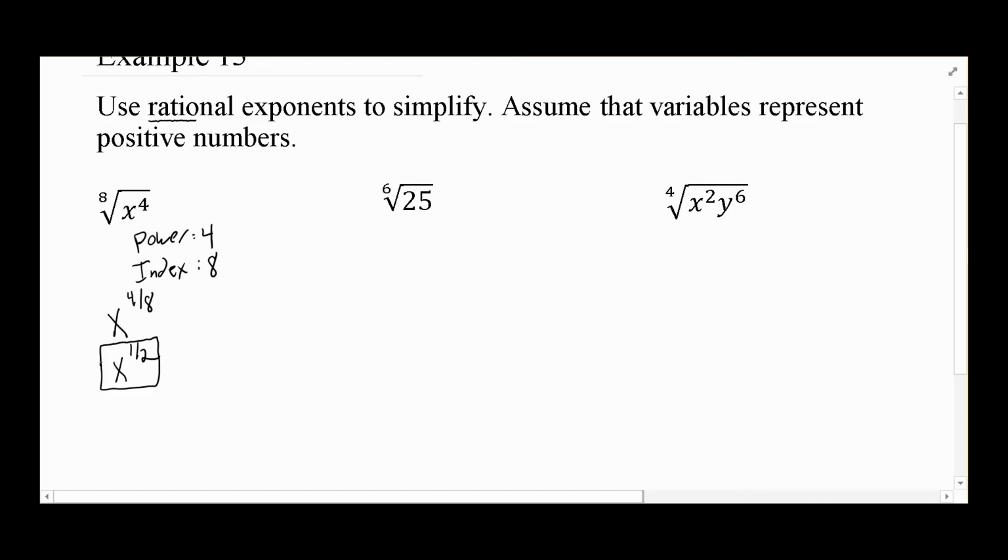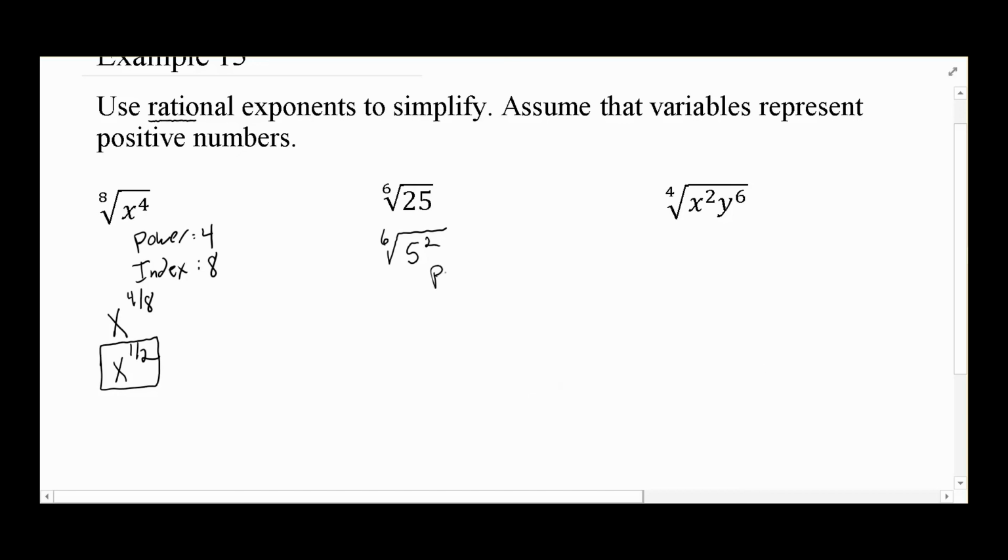Now for the second example, there's a general rule that's important, and you'll notice in your notes that's at the bottom of this example. Whenever there's a number that can be written as an exponent, do so. So the first thing I'm going to do before I even follow my directions on this problem is I'm going to rewrite 25 as 5 squared.